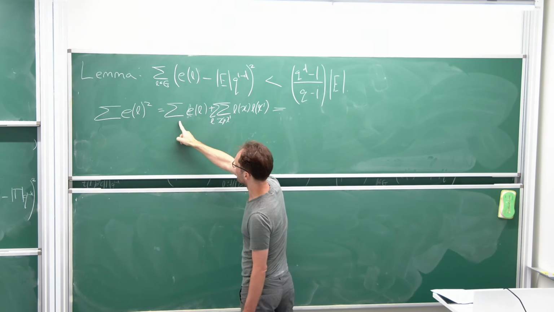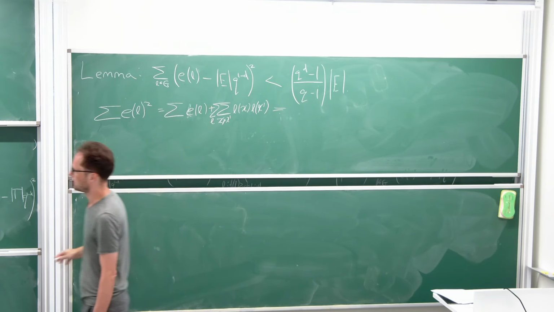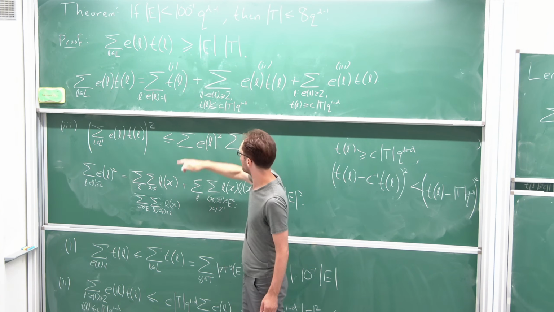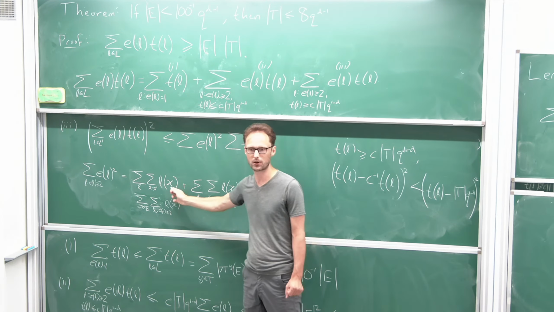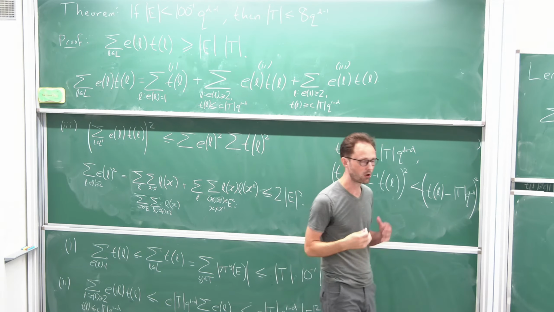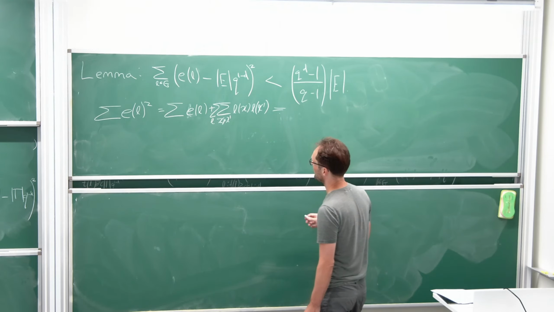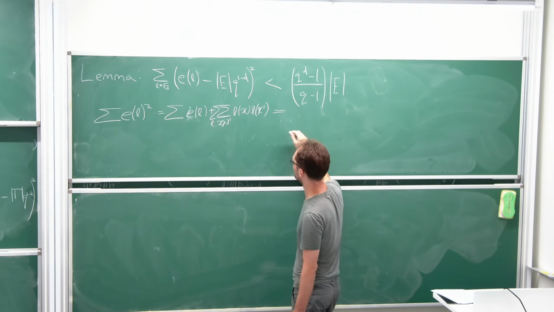Here we're summing over all lines, whereas before we only summed over lines containing at least 2 points. Being able to use this constraint, that we're only summing over lines that contain at least 2 points, is really a critical part. And actually, in the whole proof, this is what gave us the advantage over the direct analog of Liu's proof.